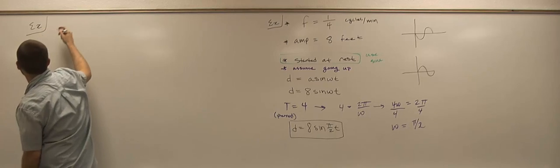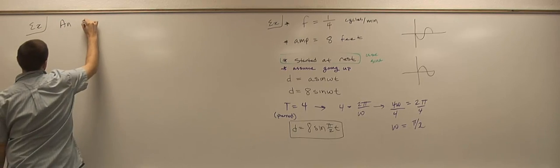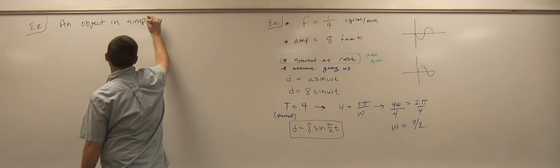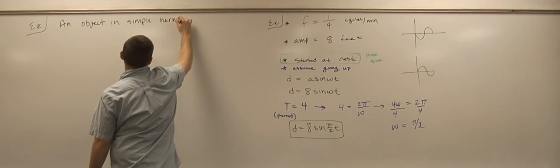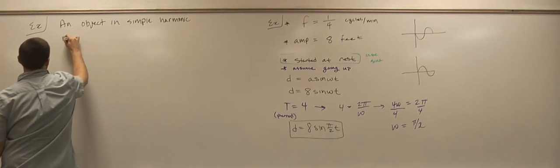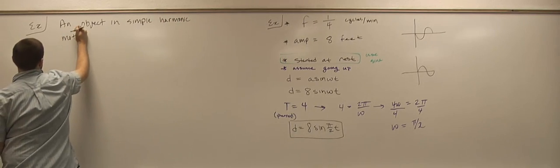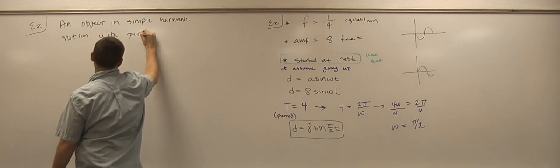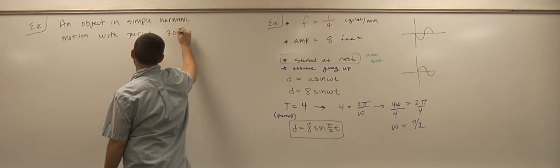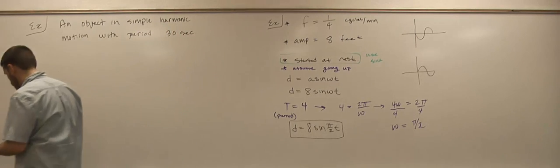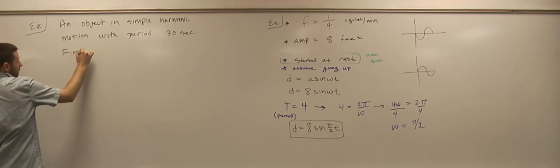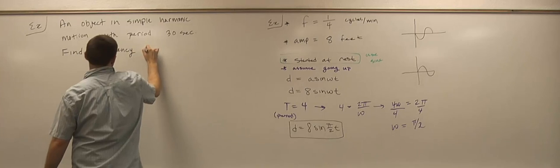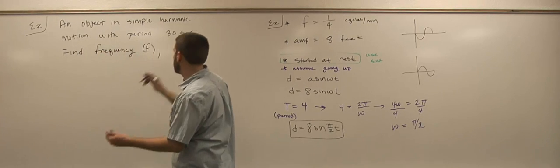An object is in simple harmonic motion with period 30 seconds. Here's a question. Find the frequency F, and then find omega.